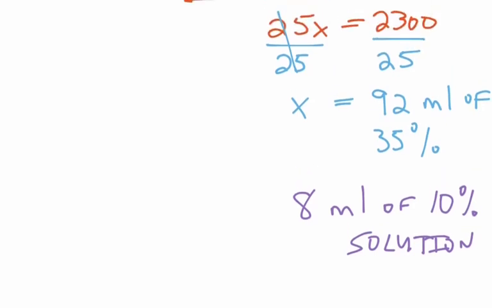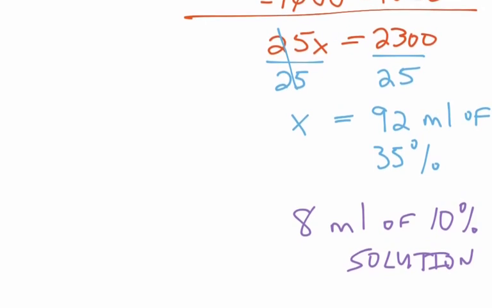So one of the beakers he pours has 92 milliliters of 35% solution, and the other beaker has 8 milliliters of a 10% solution. Now, I'm not sure what you would do with a solution like that, to be honest with you. You could ask Ms. Traziak about that in class maybe. But if you wanted to end up with a 33% solution and you only had a 35% and a 10%, that's how you could go about making it.